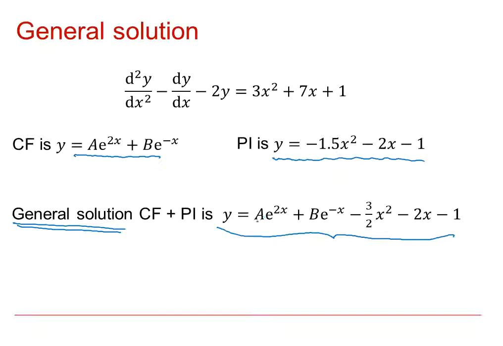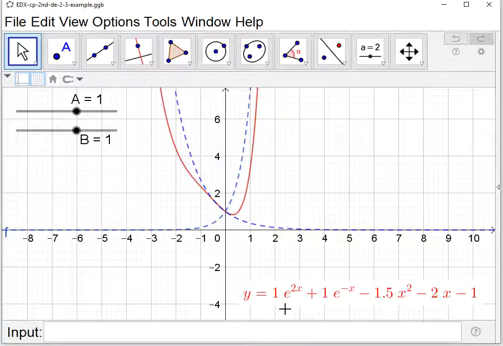And we can now look at the effect that these unknown constants a and b have on the solution and characteristics of this general solution by looking at a GeoGebra file. So here we have our general solution at the bottom, and I've set a and b to the values of 1, and we have this red solution curve.